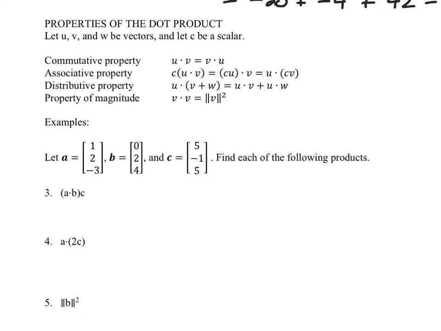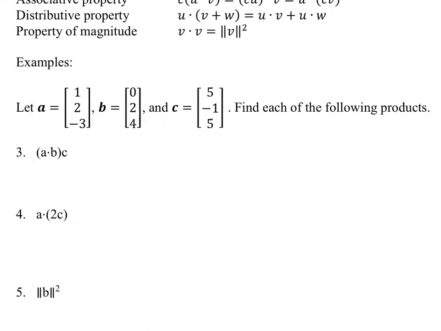So I'll just kind of itemize it a little bit here, zoom in a smidge. A dot B is going to be 1 times 0, which is 0, plus 2 times 2, which is 4, plus negative 3 times 4, which is negative 12, so we'll get a negative 8 for that.